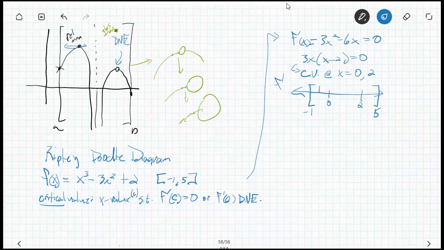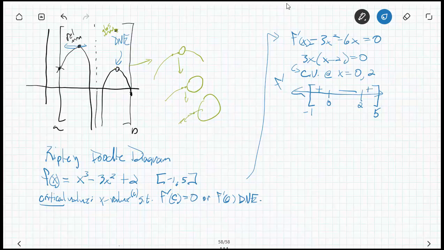Negative times a negative is a positive. Pick a nice little value between 0 and 2, let's pick 1. Plug it into 3x, I get positive. Plug it into x minus 2, I get a negative. Positive times a negative is a negative. If I plug in a value between 2 and 5, I like 3 or 4, let's put in 3. Throw that in here, I get a positive. Throw that in here, I get a positive. And I get a positive.